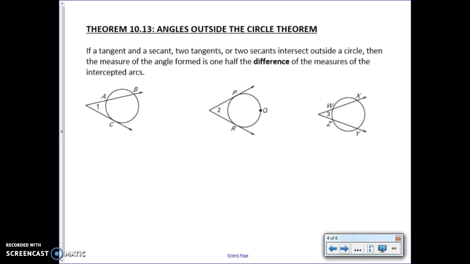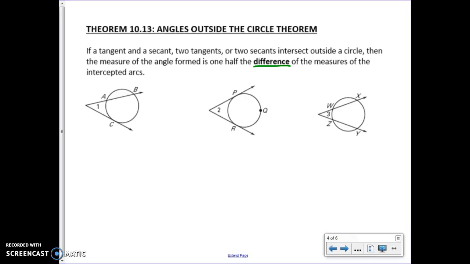Okay, now if we have angles outside the circle, it says if a tangent and a secant, two tangents or two secants intersect outside a circle, then the measure of the angle formed is 1/2 the difference of the measures of the intercepted arcs. Okay, so the formulas are going to look nearly the same, except we're talking about difference instead of sum.